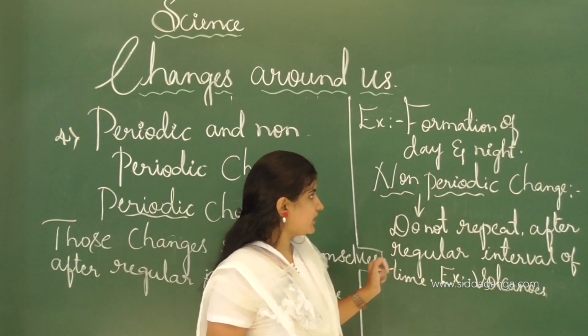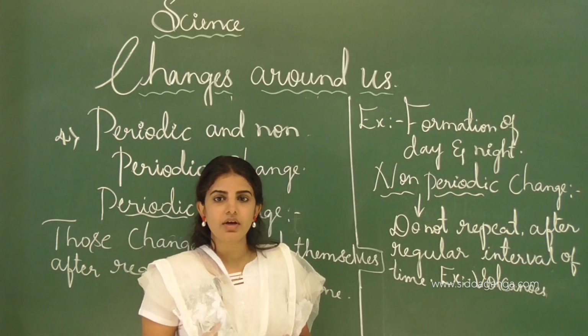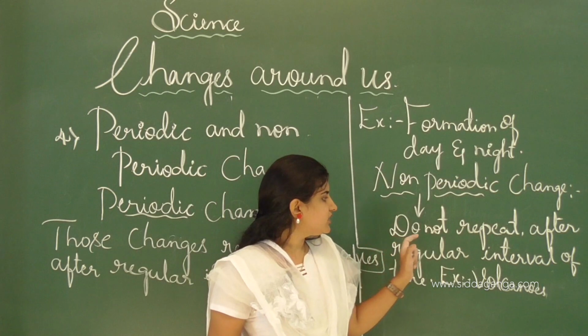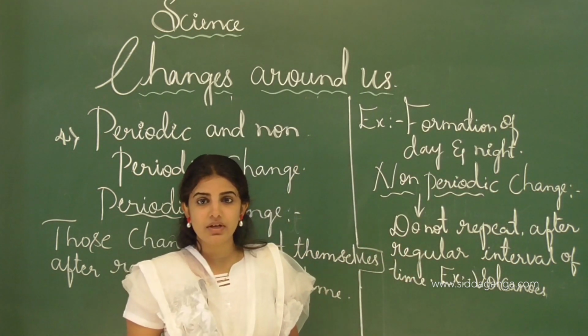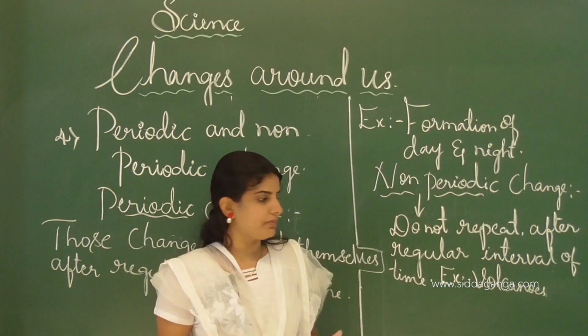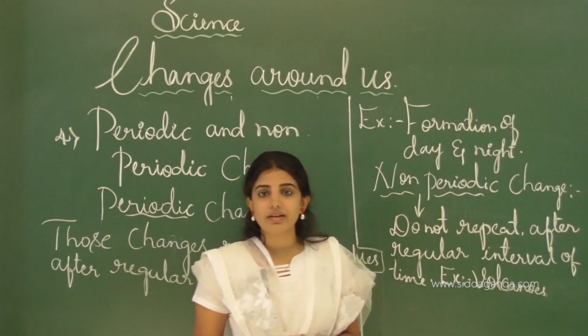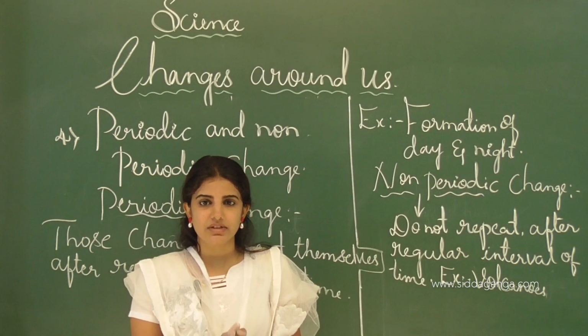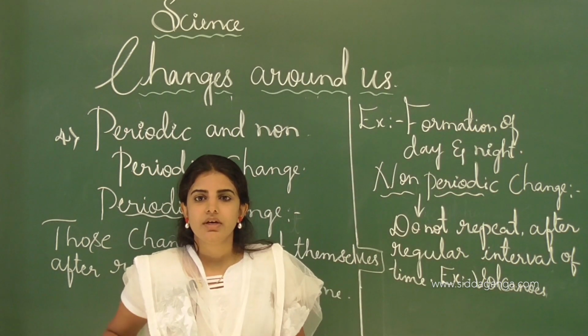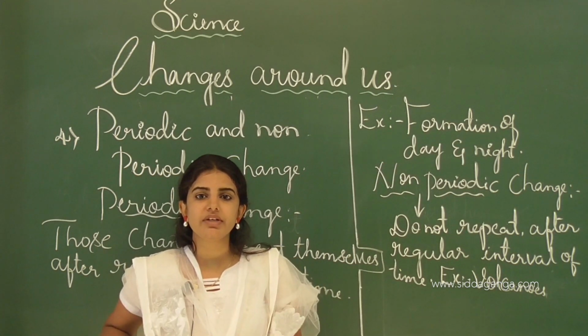The formation of the day and the night is an example for periodic change. Non-periodic changes do not repeat themselves after regular intervals of time. Examples are the volcano, earthquake and also natural disaster. These are all the examples for the non-periodic change. This is all about the different types of changes.